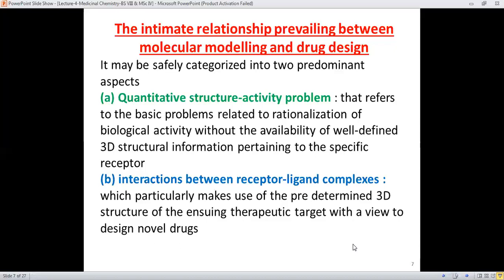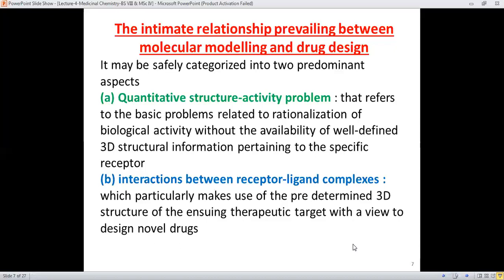And second is the interaction between the receptor and the ligand, which particularly makes use of the predetermined 3D structures of the ensuing therapeutic target with a view to design the novel drug or the new drug.